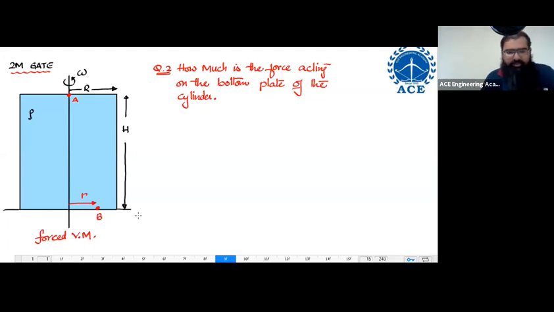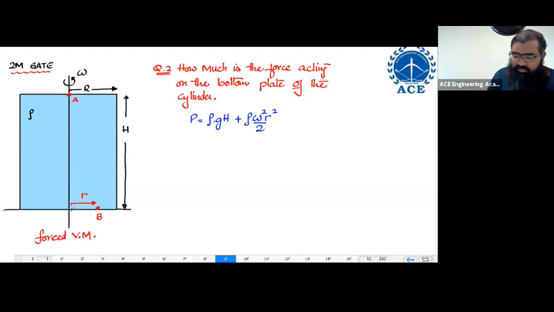Now please understand, the pressure over here at the bottom plate at any radius r was equal to rho g h plus rho omega square r square divided by 2. This is the pressure at the bottom plate at any random radius.